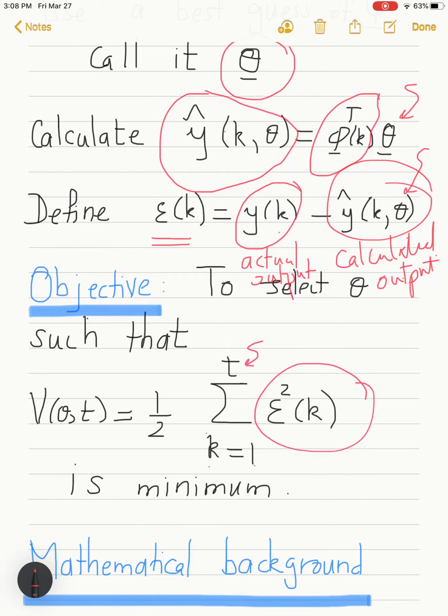So t here actually is not the continuous time, but it is an index which takes an integer value, and k is the sampling index. So I start from sample number 1 up to sample number t, and I try to find the value of theta that would minimize the sum of the squares of the errors, and this by definition is the least squares problem.